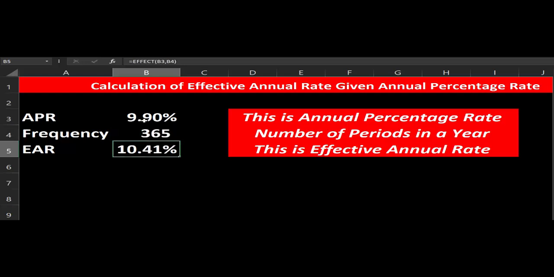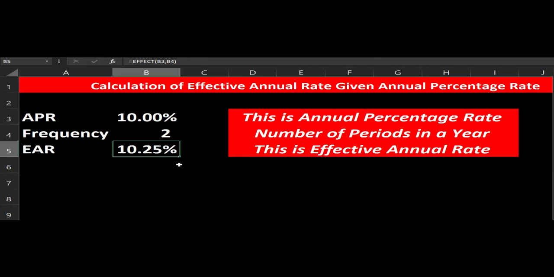That's 10.41. So the daily loan has a lower APR, 9.9% versus 10% for the semi-annual, but the effective annual rate for the daily is 10.41, and the effective annual rate for semi-annual is 10.25. So if you have to choose between these two loans, you have to choose the semi-annual one because that has the lower effective rate.